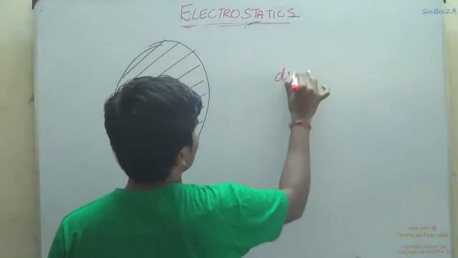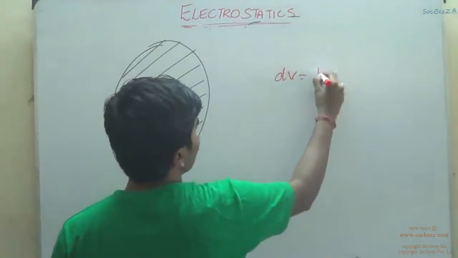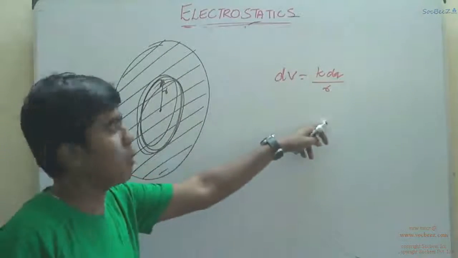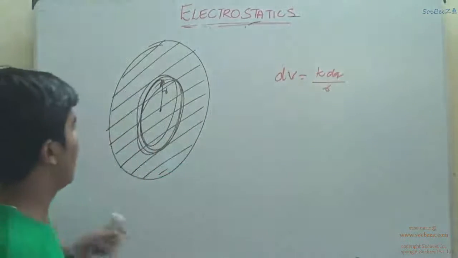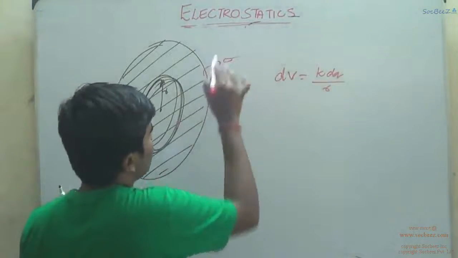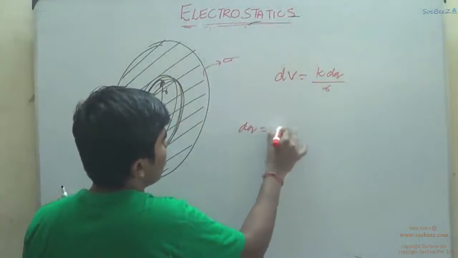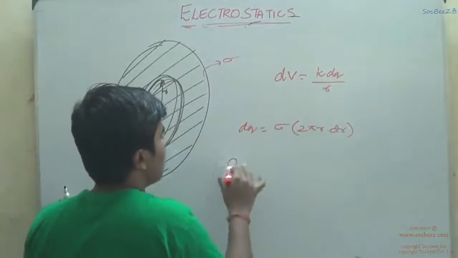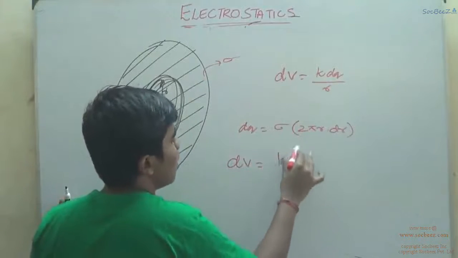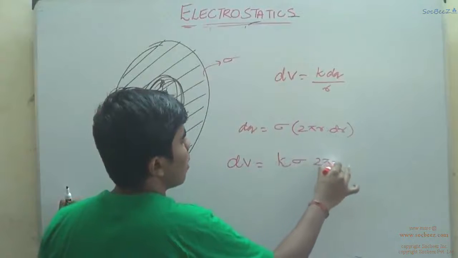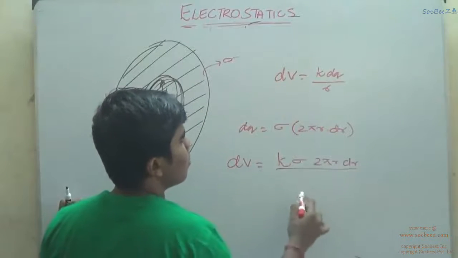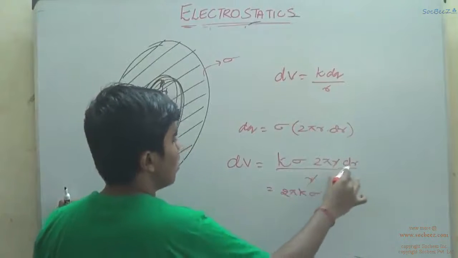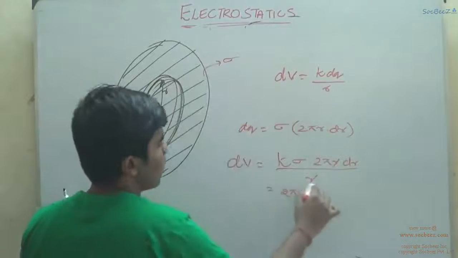So the small potential at the center due to the ring will be equal to k dq by r. Now I simply cannot integrate here because r and dq are related. Now suppose the surface charge density is sigma, then dq will be equal to sigma times 2 pi r times dr, right? Thus dV is equal to k sigma 2 pi r dr by r. So r gets cancelled. We get 2 pi k sigma times integral dr, r from 0 to capital R.